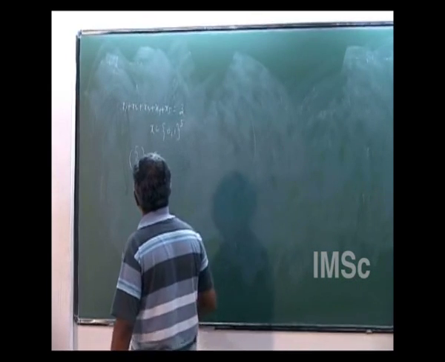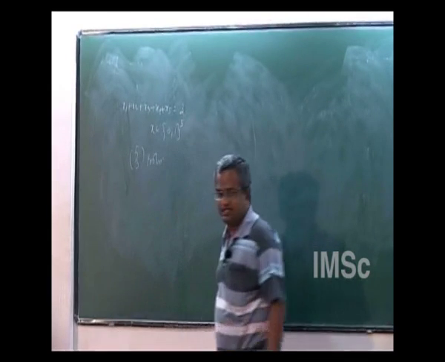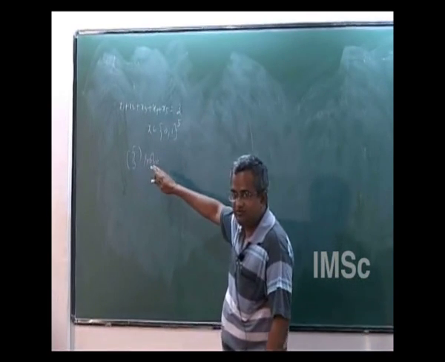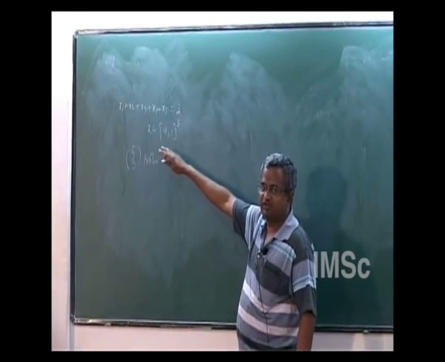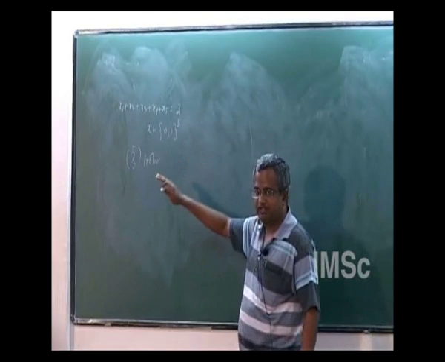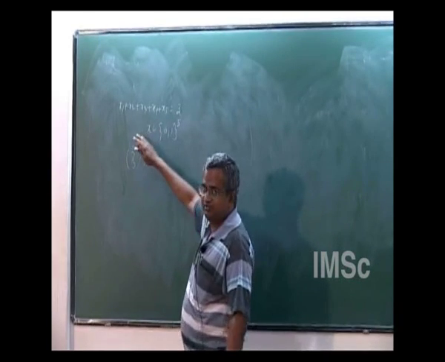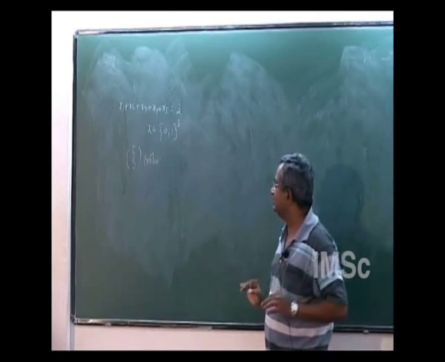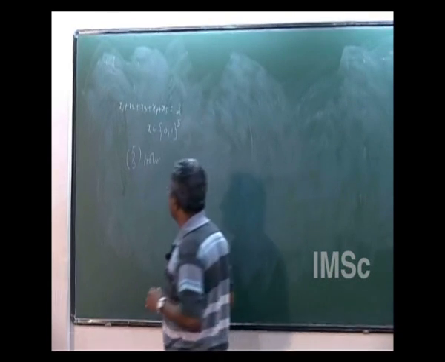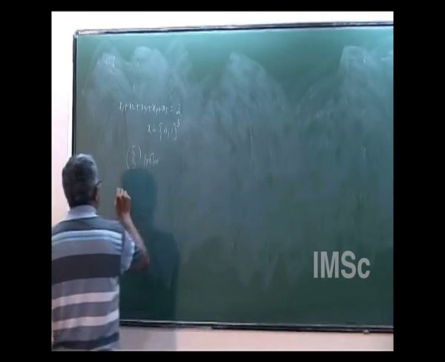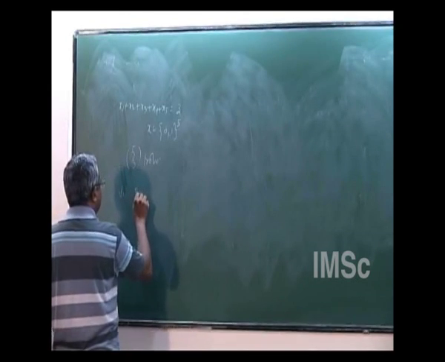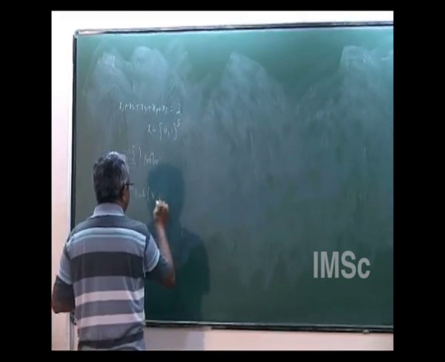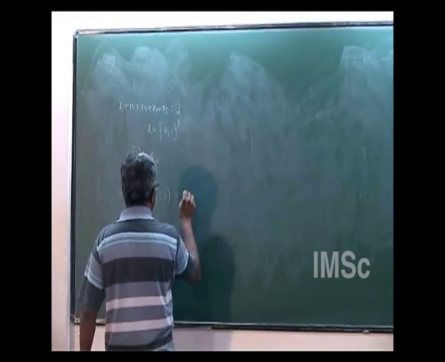One way to randomize is, this is not a good example, but what I am trying to do is what we call a dependent randomized rounding. I am not sure if I will be able to touch this, but for the purpose of illustrating randomized rounding, I will just illustrate. So one way to do this is that for all i, set xi to be 1 with some probability, say half.